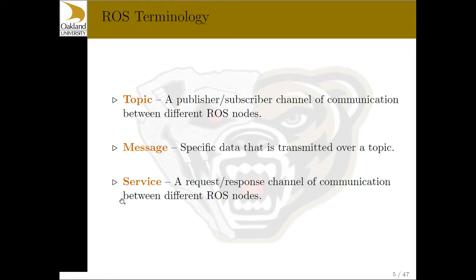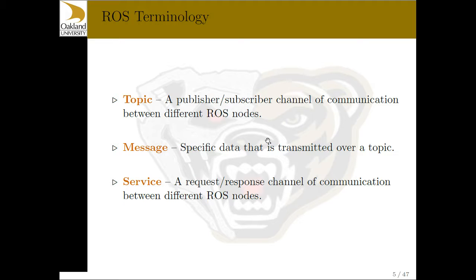Services, on the other hand, are used on demand. A good example is you have a mapping node, and you're driving a robot around a building, and it's building a nice looking map of the whole area. Now something else wants to snapshot that map and either save it to a file or do something else with it. So your mapping node will advertise a service that would save the map.